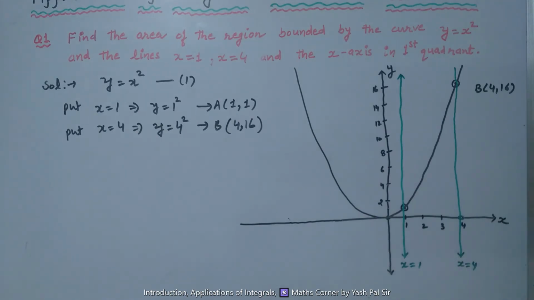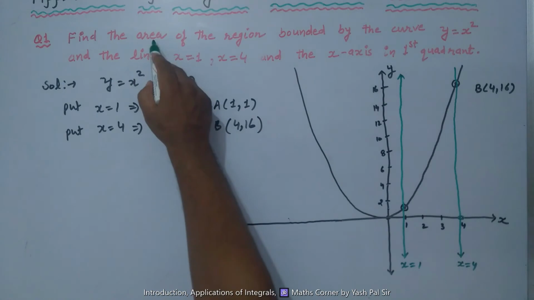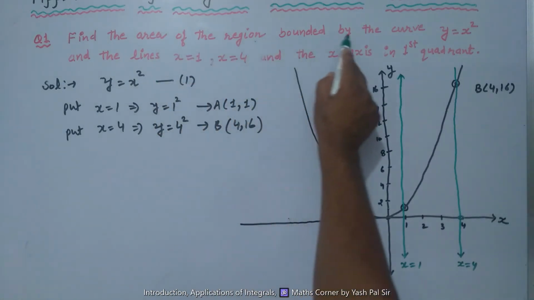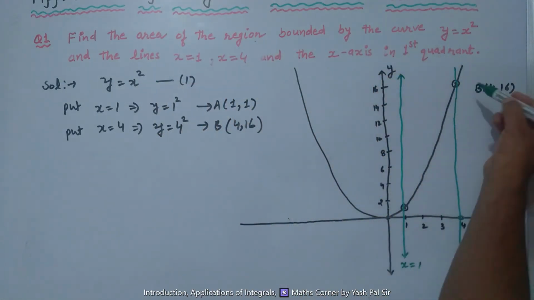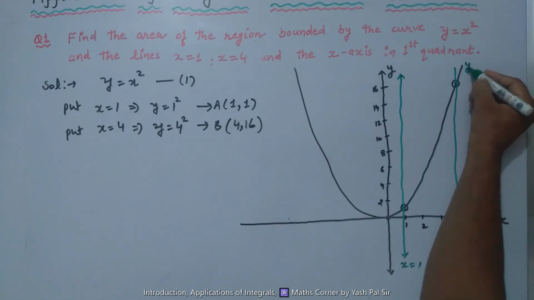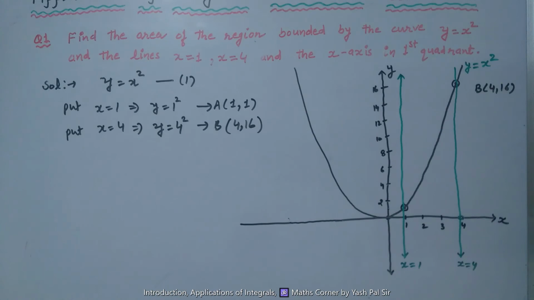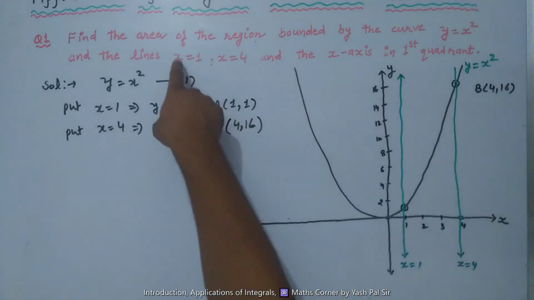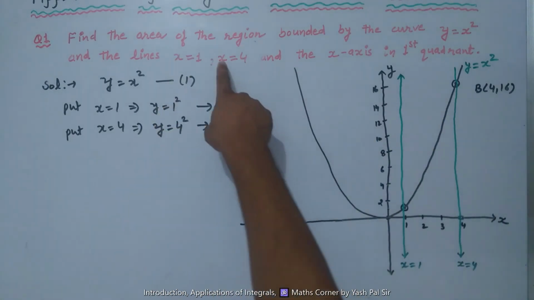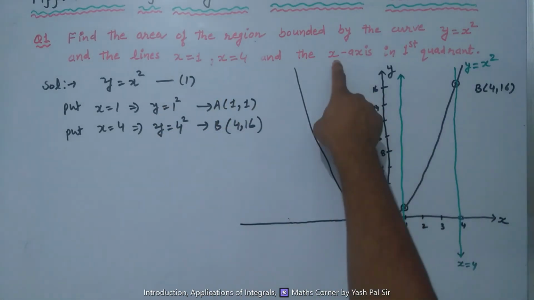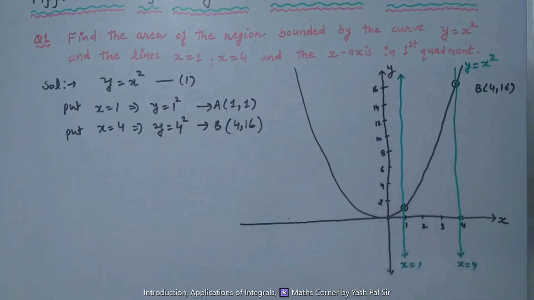Now what is the question? Find the area of the region bounded by the curve y is equal to x square. The name of the curve is parabola, y is equal to x square. So area covered by parabola, line x is equal to 1, line x is equal to 4 and x axis in first quadrant.